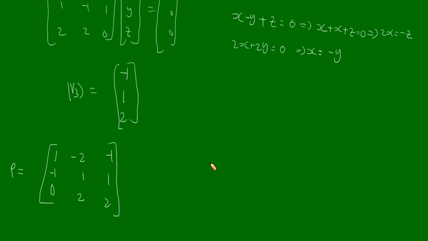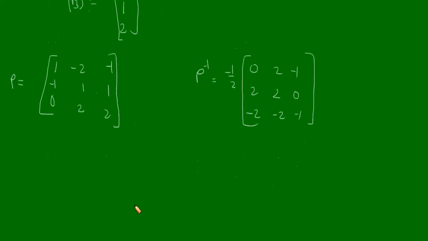Now if I find P inverse, then P inverse will be equal to minus 1 by 2 into the matrix [0, 2, -1; 2, 2, 0; -2, -2, -1]. And if I do the operation P inverse AP, you will end up with 1, 0, 0; 0, 2, 0; and 0, 0, 3.